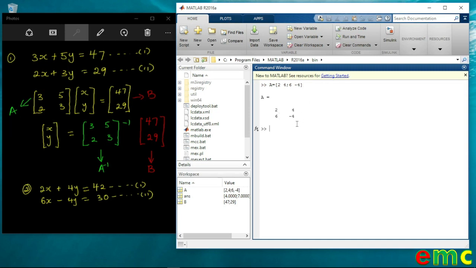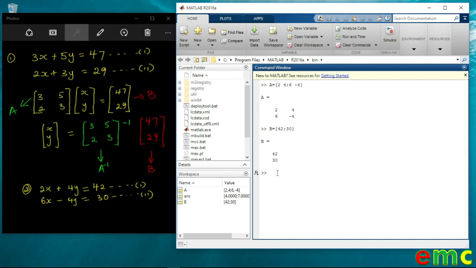So it is time to input the value of my matrix B, and matrix B is going to be 42 and 30, just as we have in the equation. So I have matrix B equal to 42 semicolon 30. So this is the value of matrix A and this is the value of matrix B.